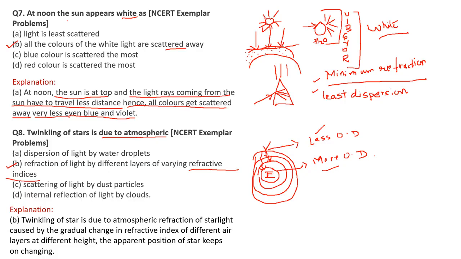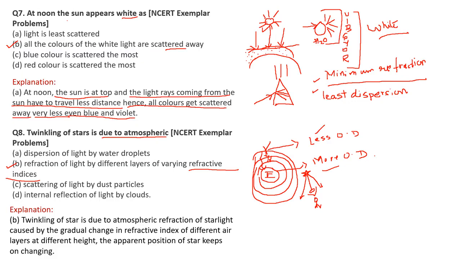And because of that, when a person is looking at the sky and looking at the star in the sky, the light sometimes falls right on the eye. Let me draw an eye over here. Light sometimes falls right on the eye. Sometimes the light is falling behind and sometimes the light is falling ahead of the person. So the same intensity of the light is not falling on the eye.